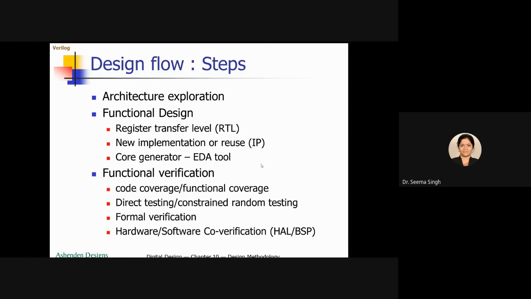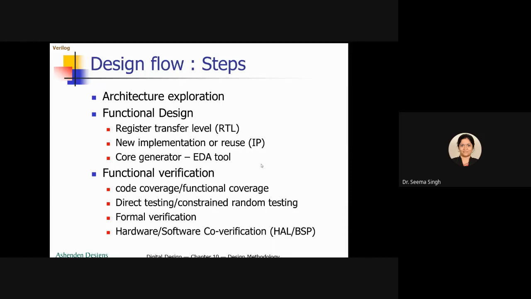Next came your functional design, where you saw whether your program is performing the same function the consumer wanted, and whether you are using a new implementation or reusing a given one, whether you are using a tool or what, all that comes under functional design.